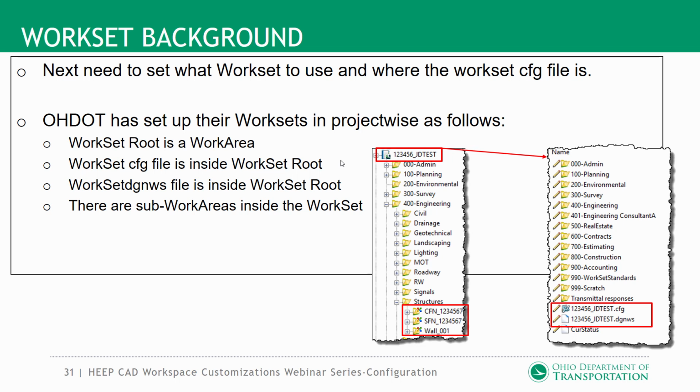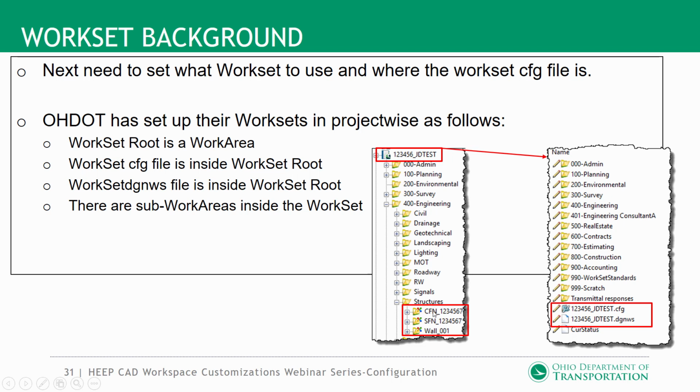Okay, so before we get too far, I just want to note how our projects are set up. So inside Projectwise, we have a work area as our main PID folder. But in the folder structure, we do have sub work areas.